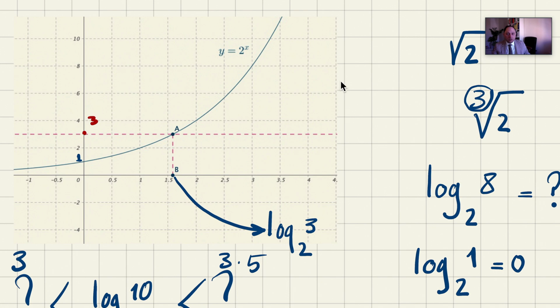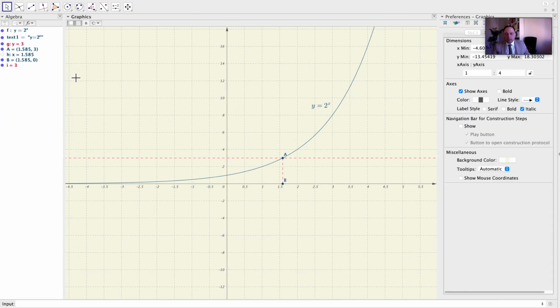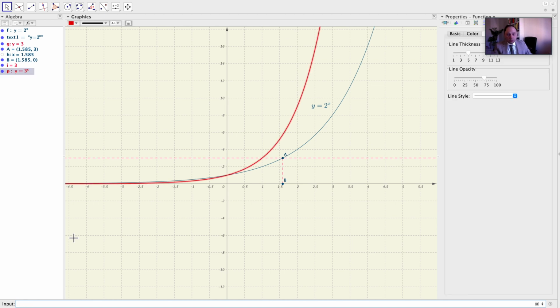So let me go to GeoGebra, and then, for example, let me draw the graph of y equals 3 to power x. Yes, and then enter. And you see now you have this red one. This red one is 3 to power x.